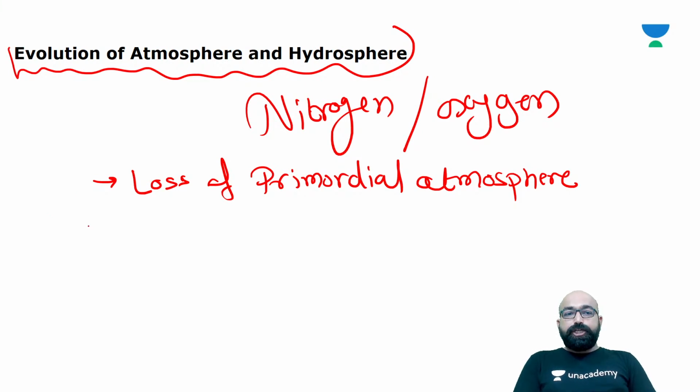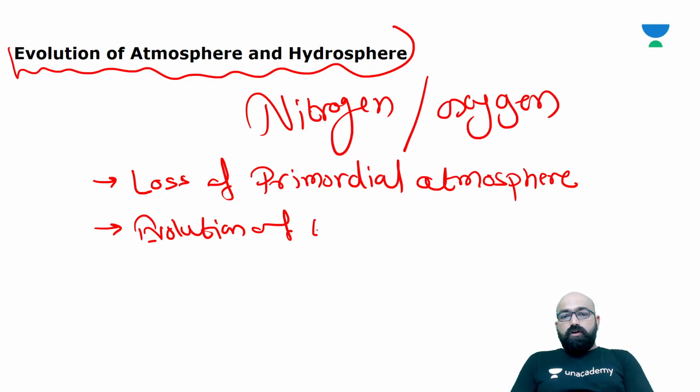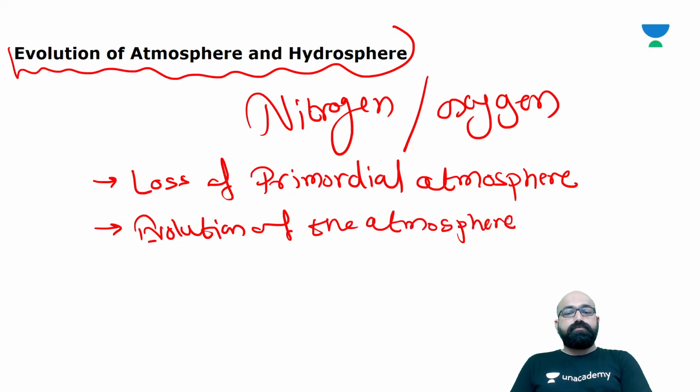In the second stage, the hot interior of the earth contributed to the evolution of the atmosphere.